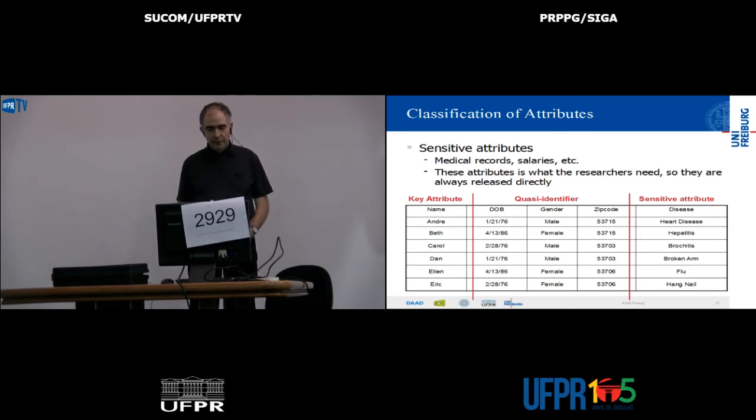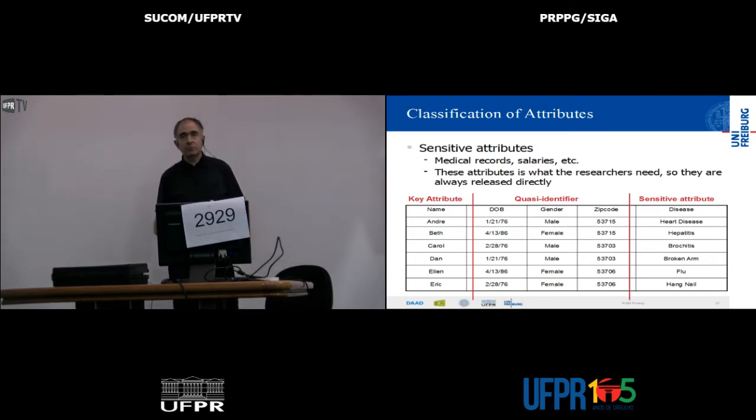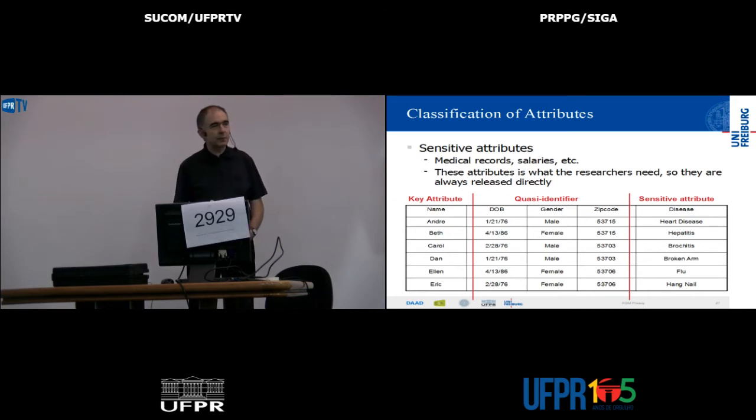You have quasi-identifiers: date of birth, gender, and zip code. And you have the sensitive attributes like disease: heart disease, hepatitis, bronchitis, broken arm, flu, whatever this example setter came up with. I'm not a doctor, I can't tell you anything about that, but for me it's just data. But you see the key attributes, that's the name, and the quasi-identifiers, and what we're after.